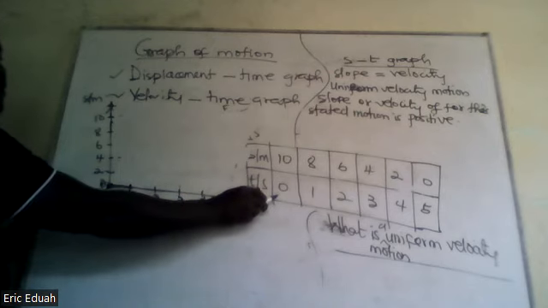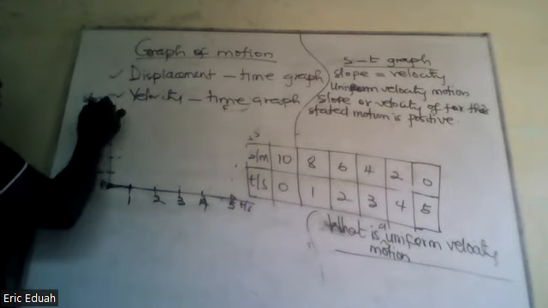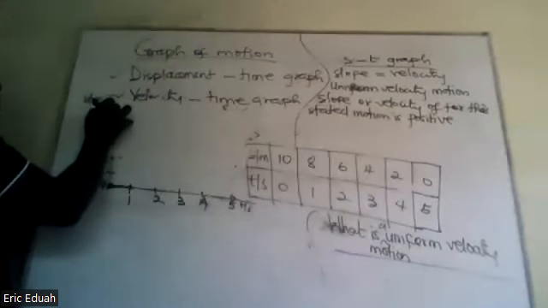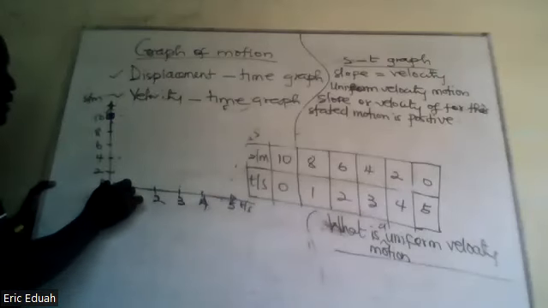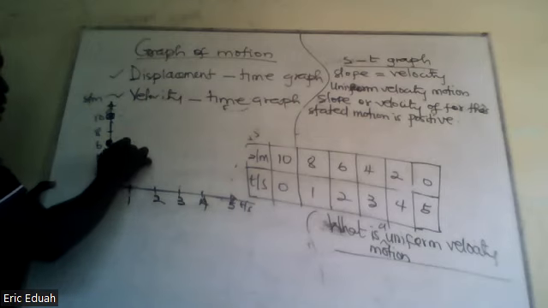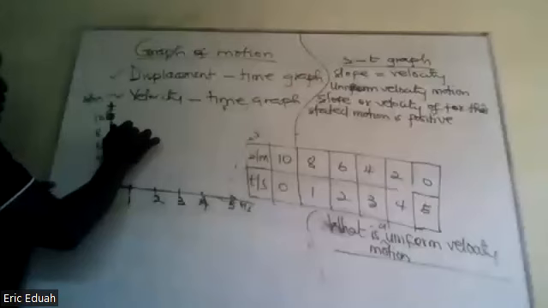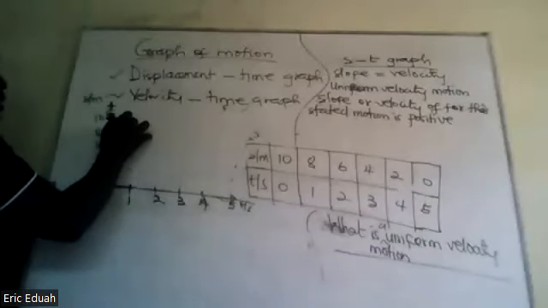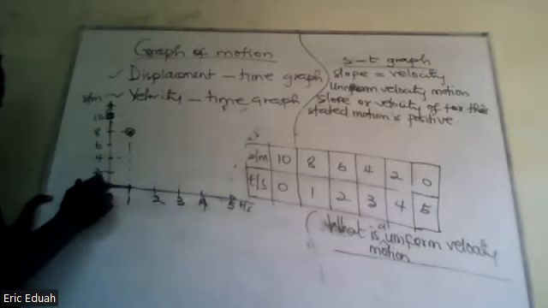When time is 0, the distance covered is 10. So time 0, distance is 10. When time is 1, distance covered 8.